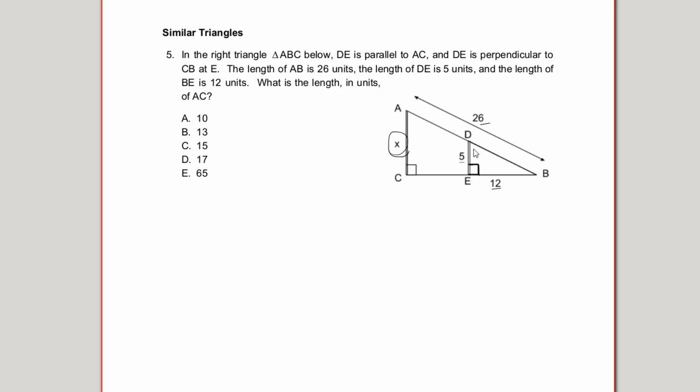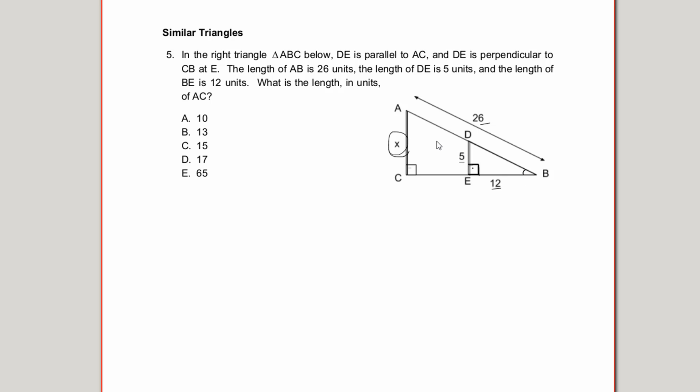So when I'm looking at this, it's almost like we have a triangle built into another triangle. And with our angles being the same, we have two 90-degree angles. The measure of angle DBE is the same in both the triangle ABC and DBE. So we have this angle that is the same.